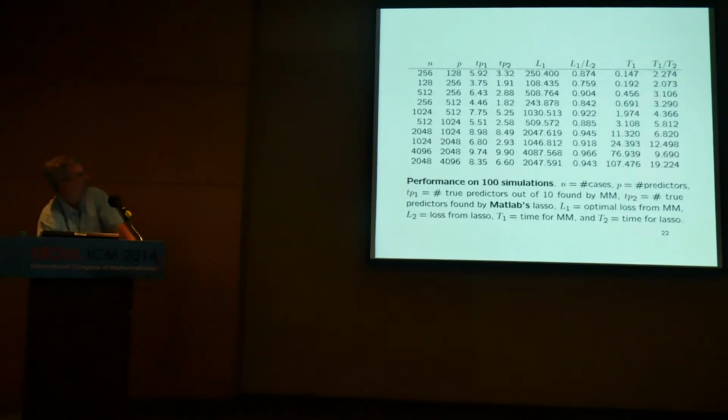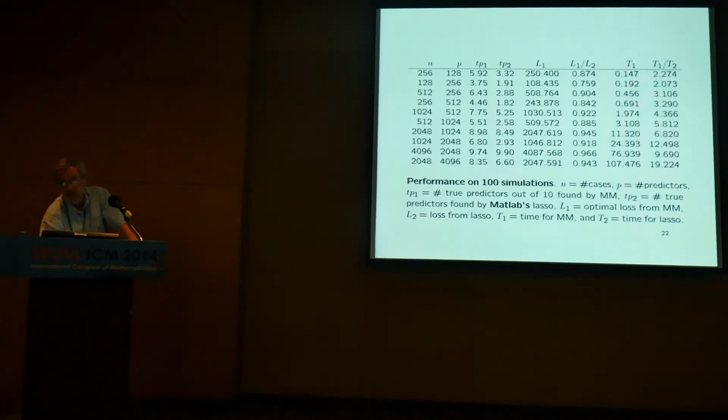Here's some results. 100 simulations average. You can see the problem size. N is the number of cases. P is the number of parameters. I've got the number of true predictors recovered by the two algorithms out of 10 predictors. And this proximal distance algorithm does better than the lasso in that respect. It also produces a better loss function.